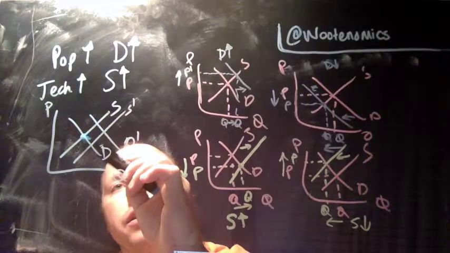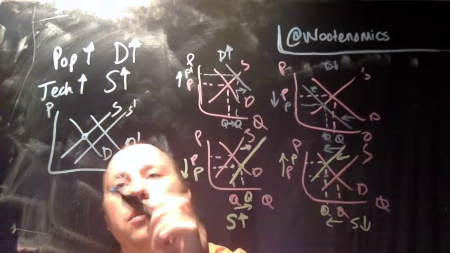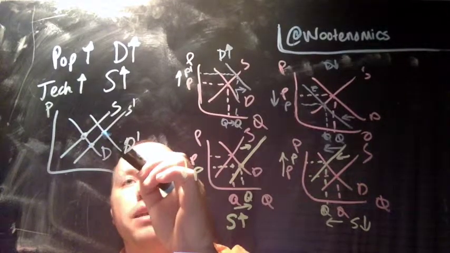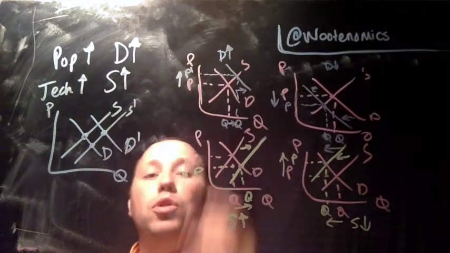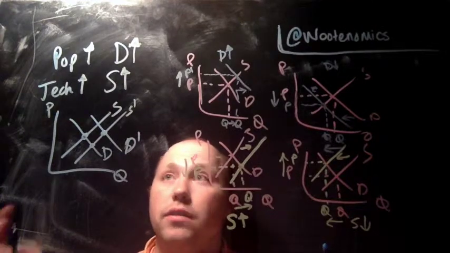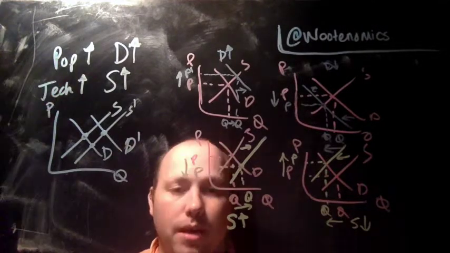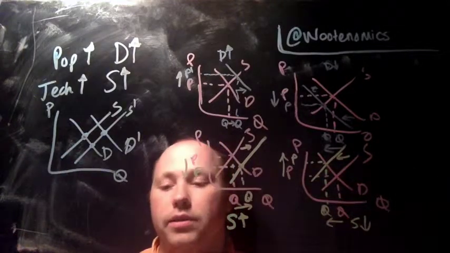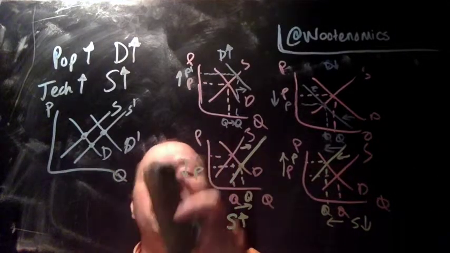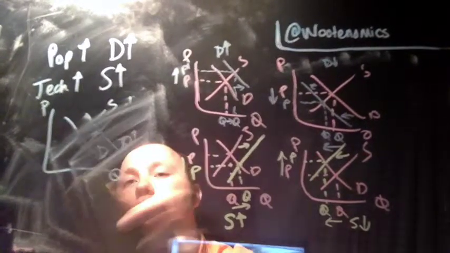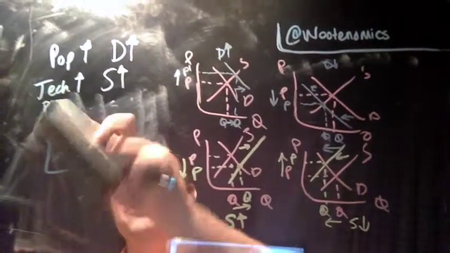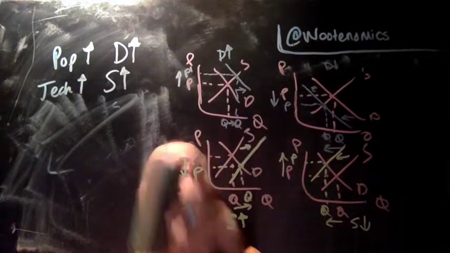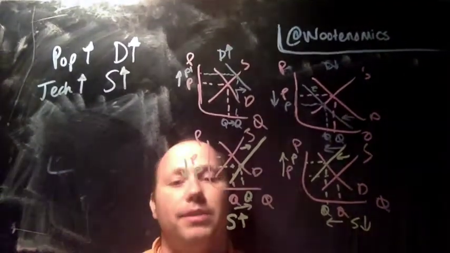We have multiple points, and all of a sudden, when two things happen at the same time, we have to go, whoa, this is too much going on at once. So I'm going to erase this, because this is a terrible way to do dual shifts. I wanted to graph that to show you that shifting two curves at the same time is not a good idea.